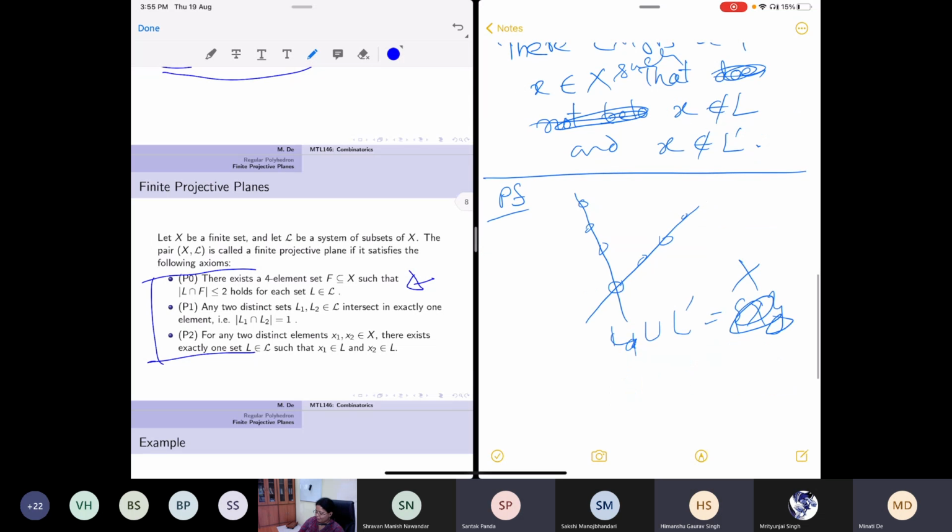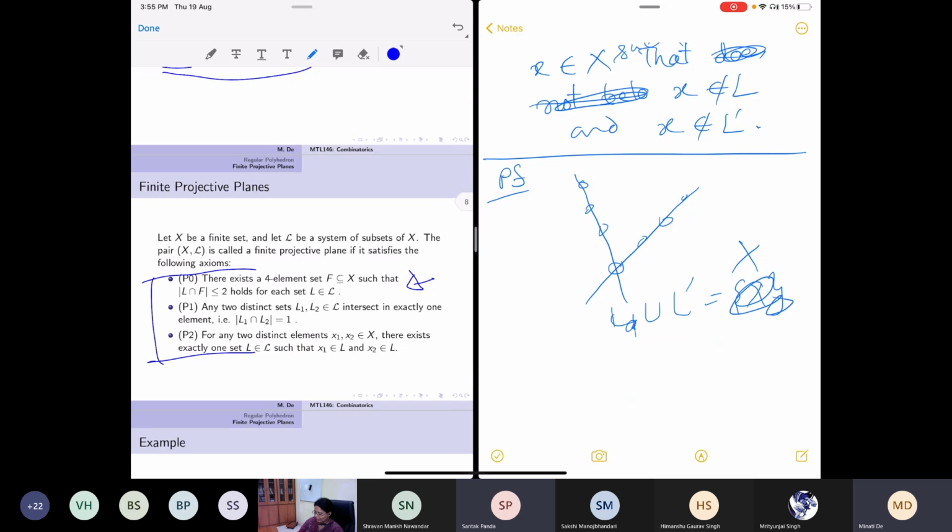You are going to take two points from L and L dash, different from the intersection point, let's say A and B, and the intersection point is C. Then there exists a line joining both of them, a line that contains both A and B.